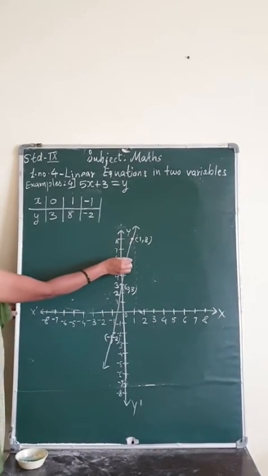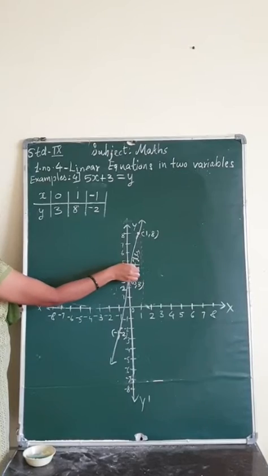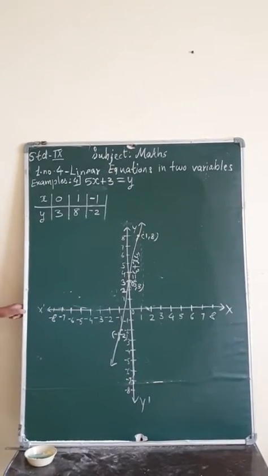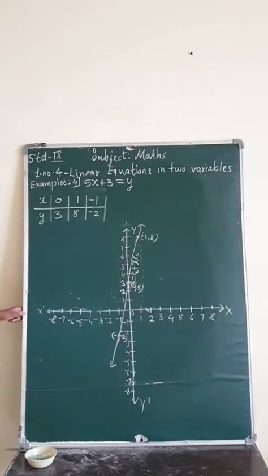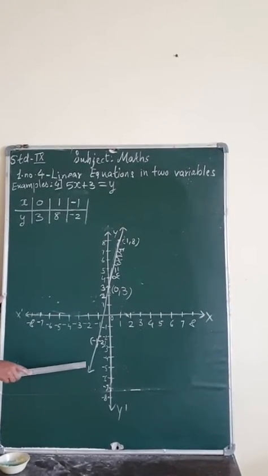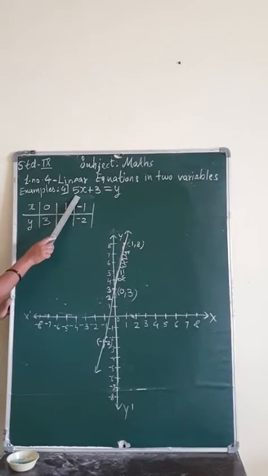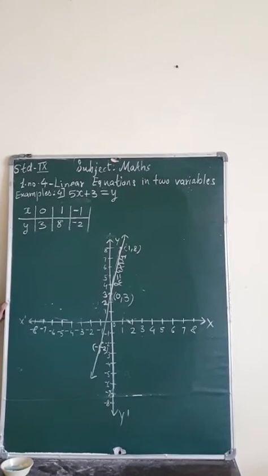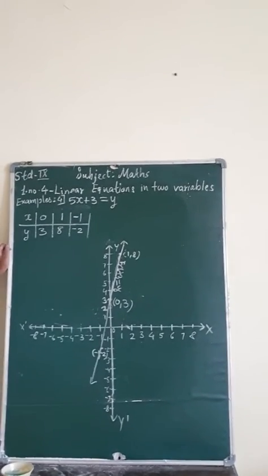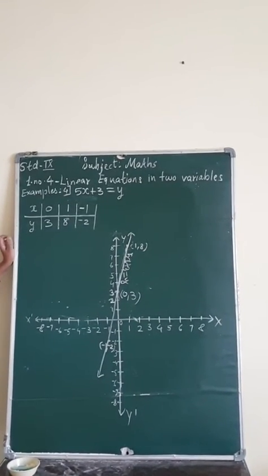Just write the graph equation here: 5x plus 3 is equal to y. So this line is a graphical representation of this equation, representing the situation of taxi fare, distance covered and fare charges.